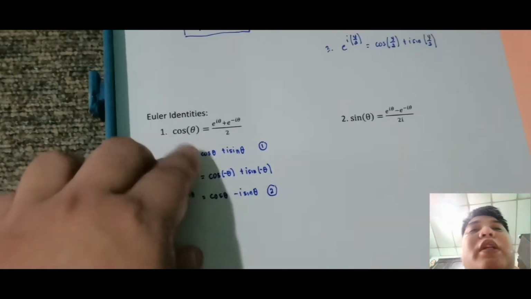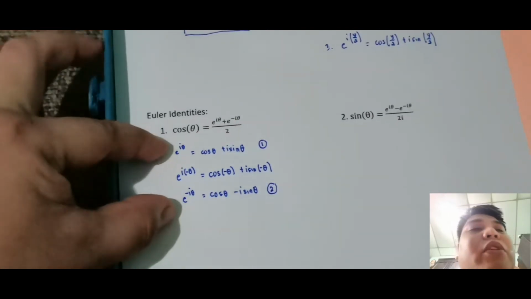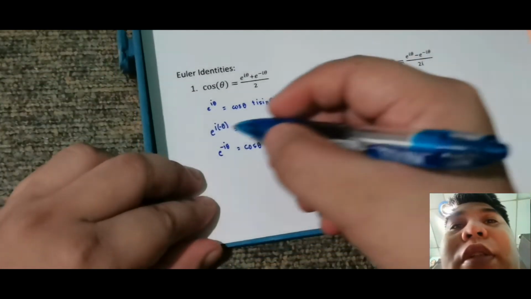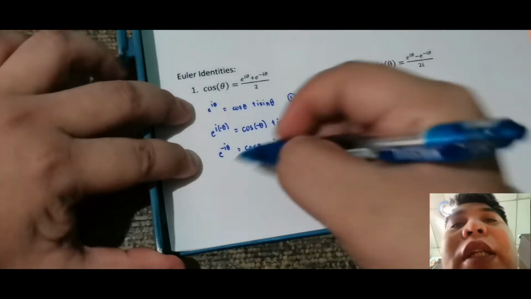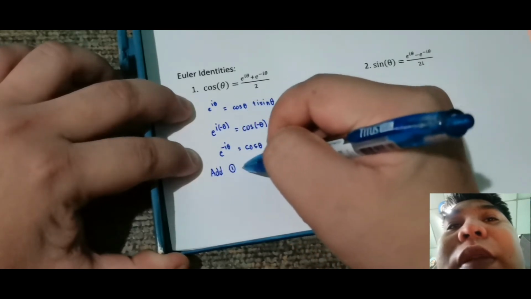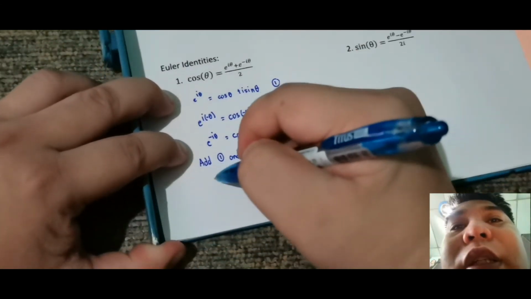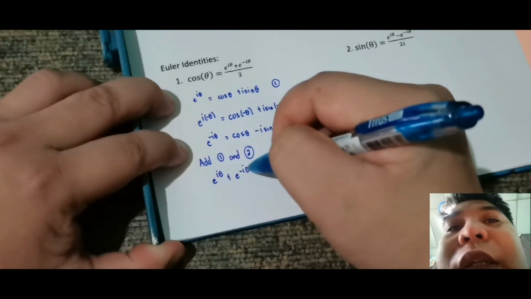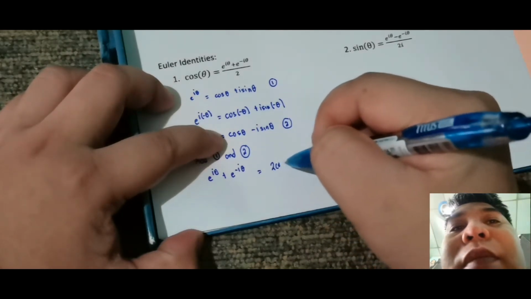So, kung napansin nyo, anong nangyari? Pinag-add yung e raised to I theta plus e raised to negative I theta. So, i-add natin equation 1 and equation 2. So, pag pinag-add, that is e raised to I theta plus e raised to negative I theta, equal sa cosine theta plus cosine theta, that is 2 cosine theta.